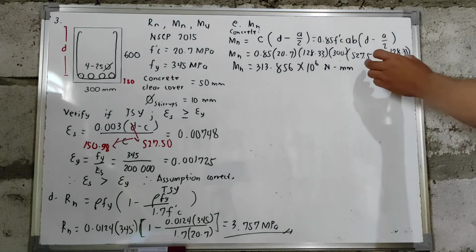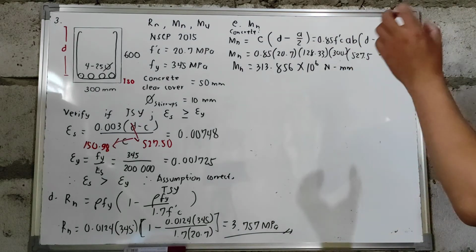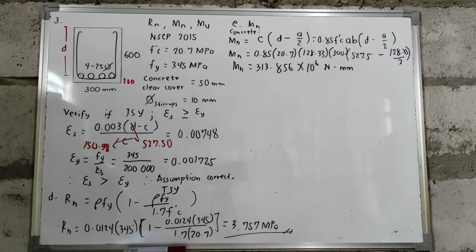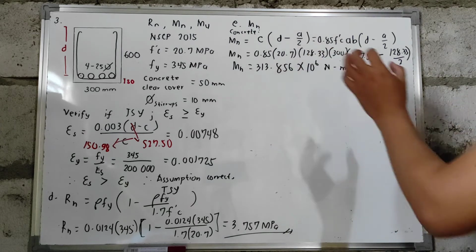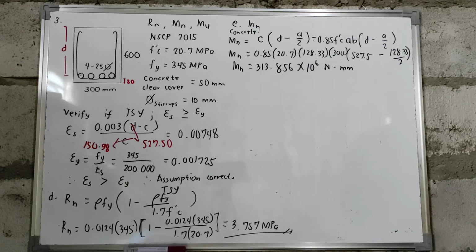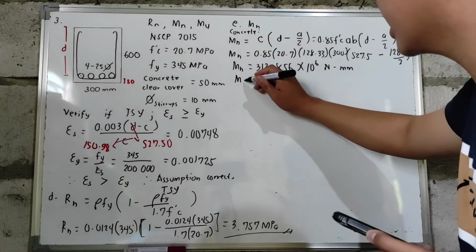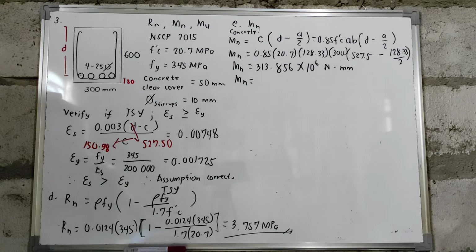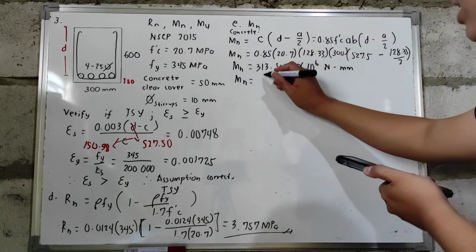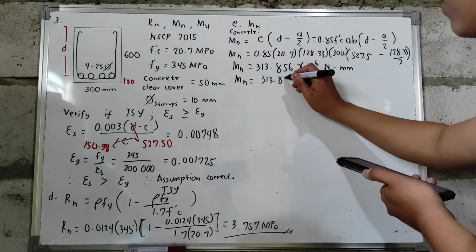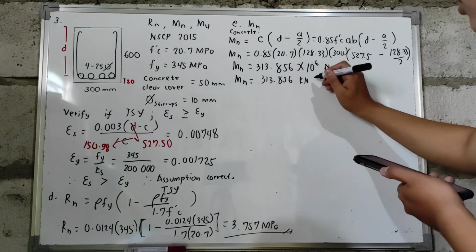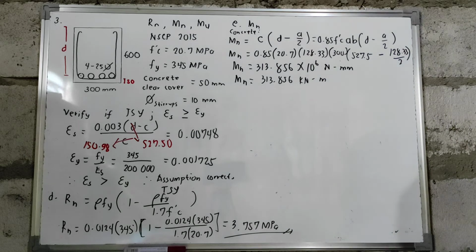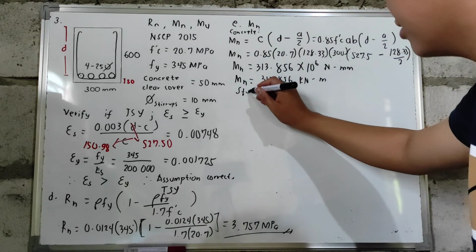So sa pag-substitute ng mga values natin, dapat naka-megapascal tayo or naka-mm tayo para maging uniform yung mga units natin. So for this one, para maging kilonewton meter yan, alisin lang natin yung times 10 raised to 6. So you will have an answer of 313.856 kilonewton meter.